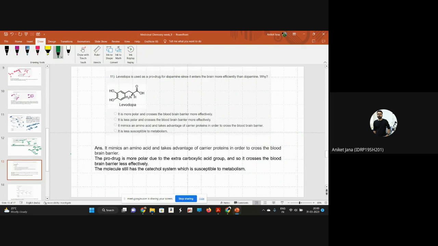So what it is saying here is that levodopa is used as a prodrug of dopamine since it enters the brain more efficiently than dopamine. So what is dopamine?